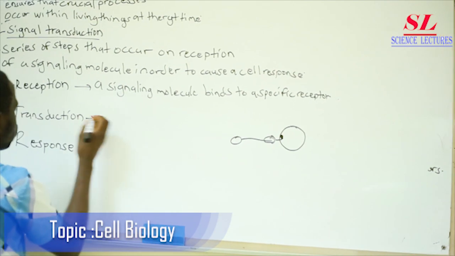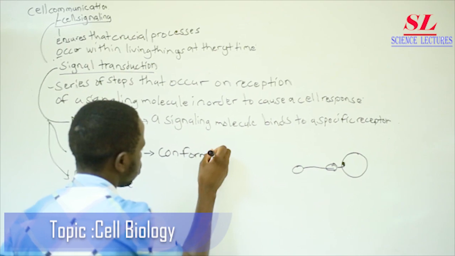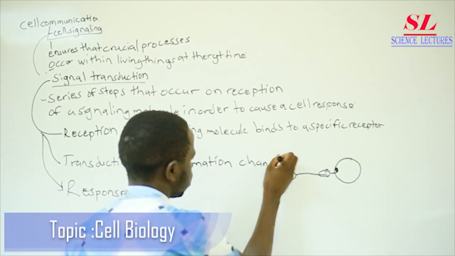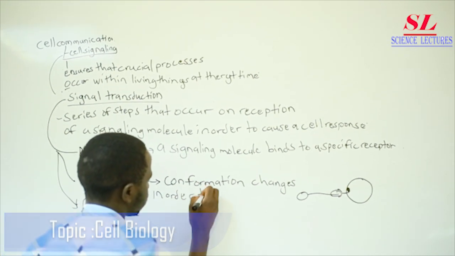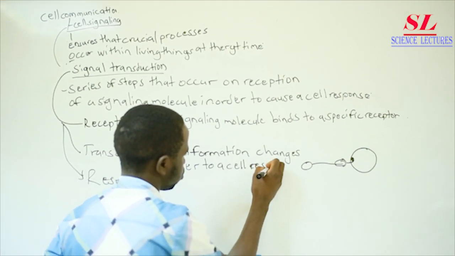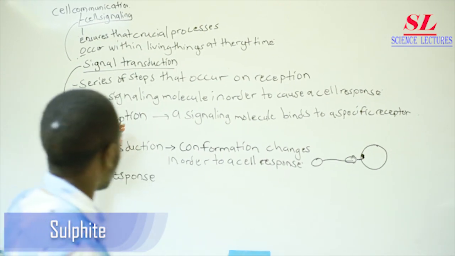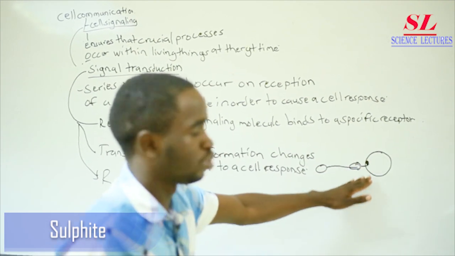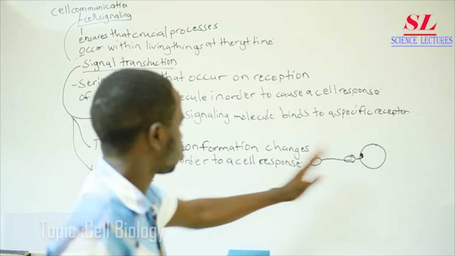So the protein shall undergo conformational changes in order to cause what they call a cell response. So whenever the signaling molecule undergoes reception, it will stimulate some changes to happen within the intrinsic side of the receptor.